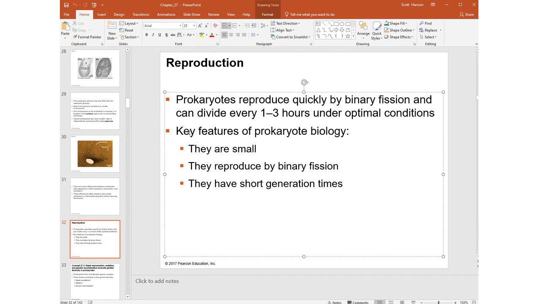So the key features of prokaryote biology: they're very small, like we've mentioned. They reproduce by binary fission, and they have short generation times.